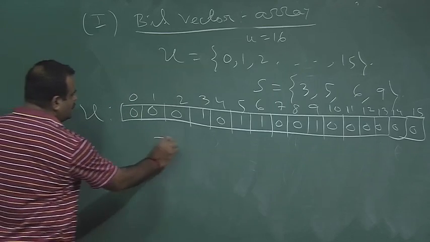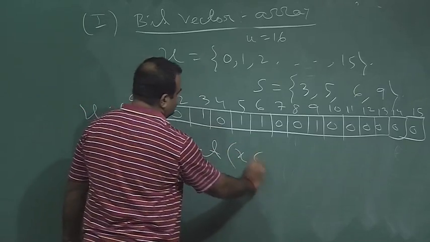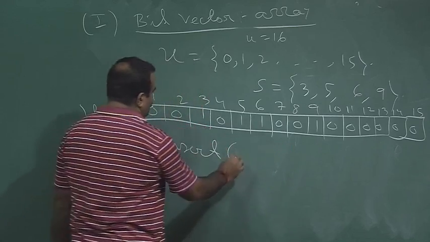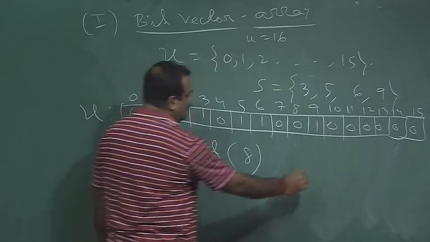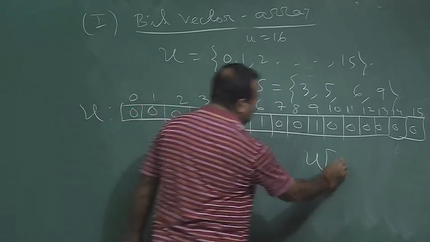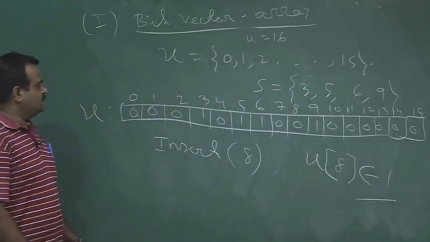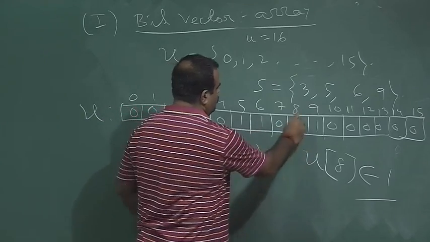Now, to insert an element x, suppose we want to insert 8. We go to array position 8 and put a 1, that is it. It was 0, now it is 1.